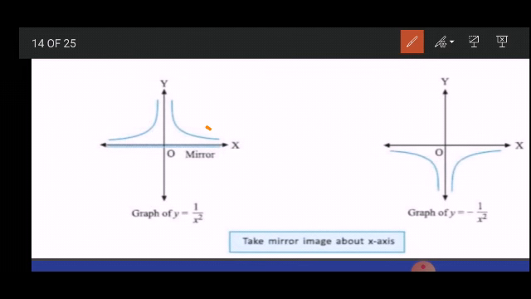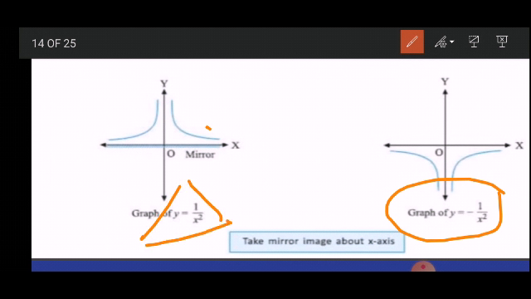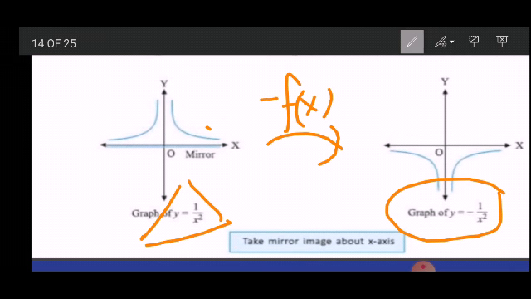After this we have drawn the mirror image about the x-axis, so we got y equal to minus 1 by x square. Here this is y equal to minus 1 by x square, and here this is y equal to 1 by x square. So taking the mirror image here, we get this part. So we have to draw minus f of x, which is the concept we have learned for drawing minus f of x.